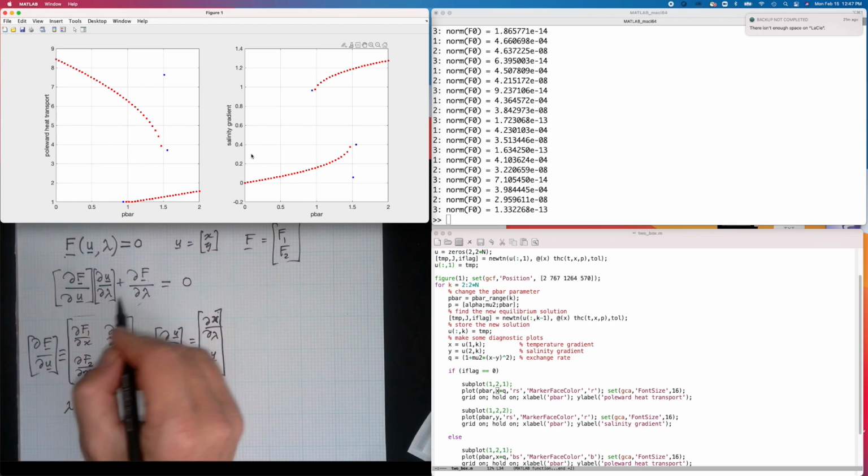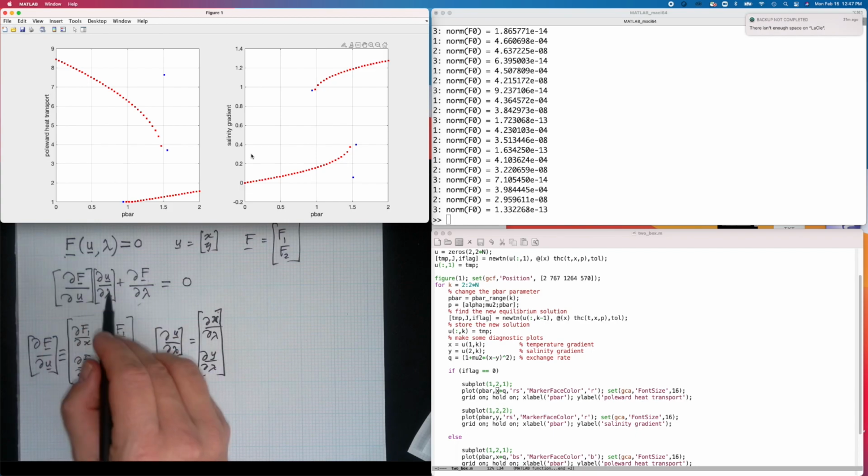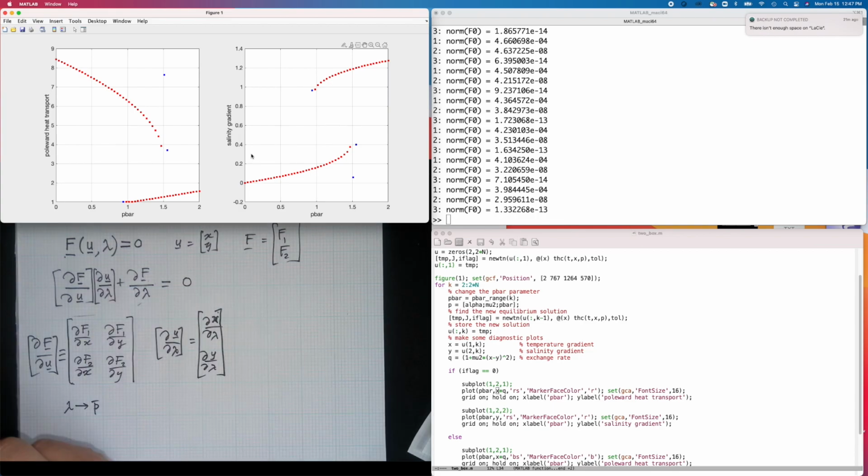So the reason we like this is that here now we have an equation or a system of equations for du d lambda, and we can use this as a way of predicting the next value, our new initial iterate, right? We can say u at the new p bar, at p bar plus delta p bar, is equal to u at p bar, that's the solution we already have that we've converged to, plus du dp bar times delta p bar.